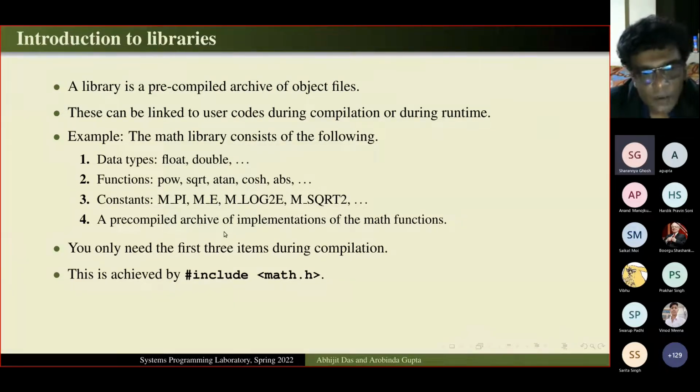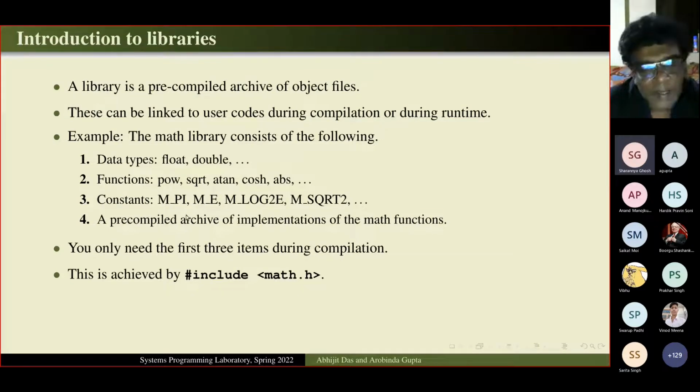And also, by doing so, you are instructing the compiler, for the moment the preprocessor to be more precise, how these functions look like, what they take as input and what they produce as output. Okay. For the immediate compilation of your code, you need only these three things: the data types, function prototypes and the constants.